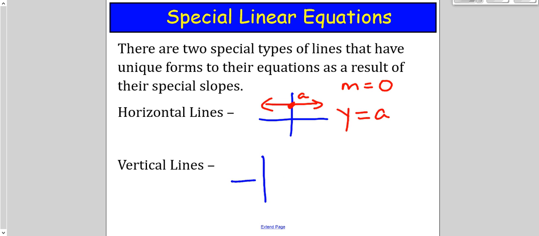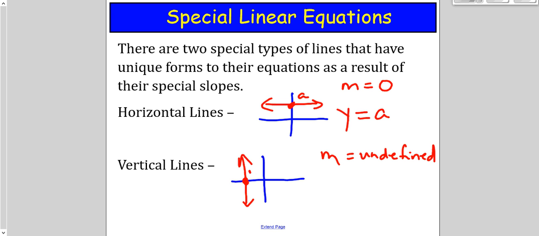Vertical lines. So vertical lines, of course, go straight up and down. If we think about those slopes, they are like the largest number possible, the absolute largest number possible. And of course, we don't know what the largest number possible is, so we say it's undefined. So there is no actual slope that we can state.